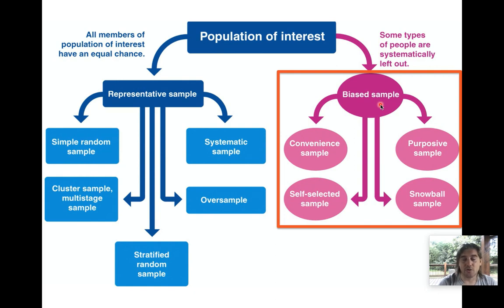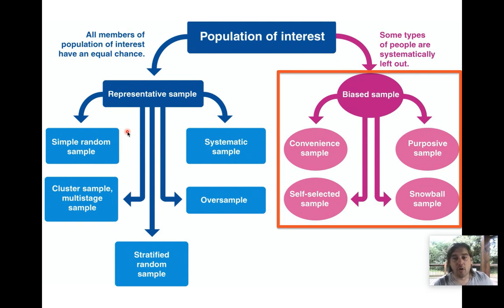That is sort of the core of what makes them biased: these four sampling types, convenience, purposive, self-selected, and snowball, are not going to involve probability or randomness, versus our other class of sampling methods, the representative samples, which are going to include at least some element of probability or randomness.